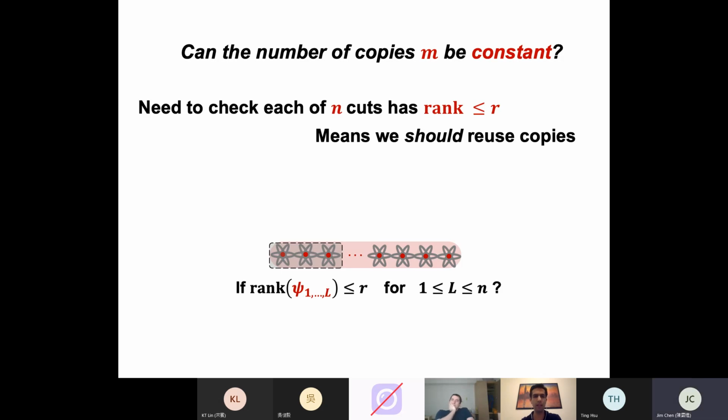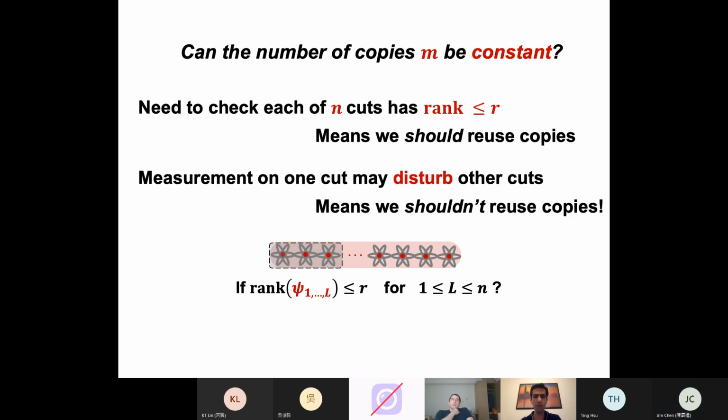On one hand, any MPS tester should somehow check that the rank of each of the n cuts is less than R. And unless we reuse some of the copies when we are checking different cuts, this means we need a number of copies that grows with n, the number of qubits. So this suggests that to get a constant number of copies, we should reuse some of our copies and avoid bringing fresh copies for checking each cut.